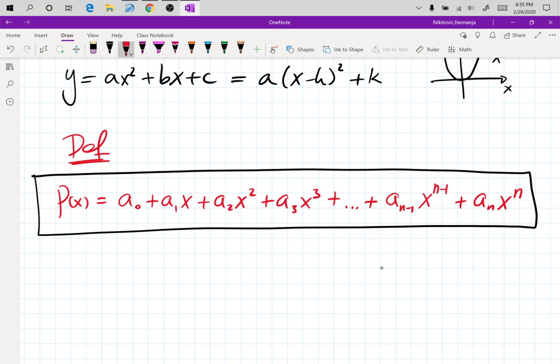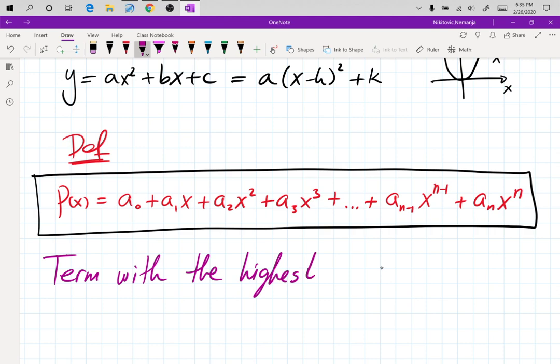So I have to write that. It's also very important. The term with the highest degree is the term that you would name your polynomial after.